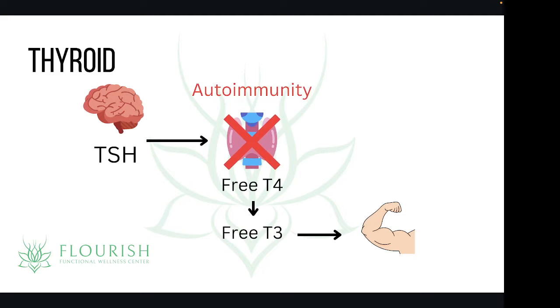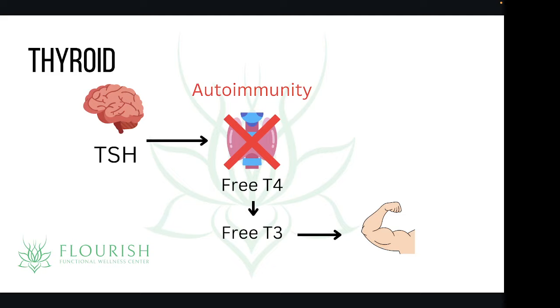One big issue that you'll see a lot of times is autoimmunity. That's where you are in a chronic increased immune state where your body's going to start attacking its own cells. And whenever you have an autoimmune thyroid, that's Hashimoto's thyroiditis.